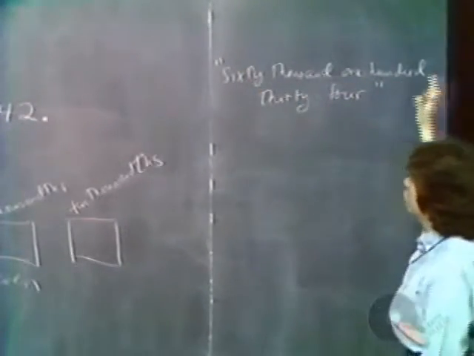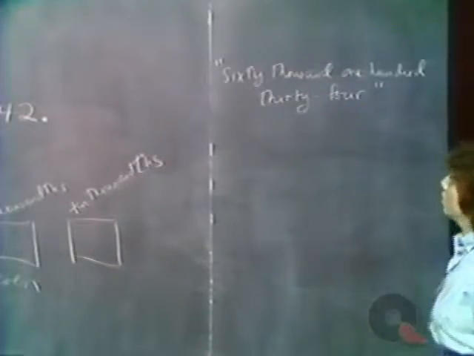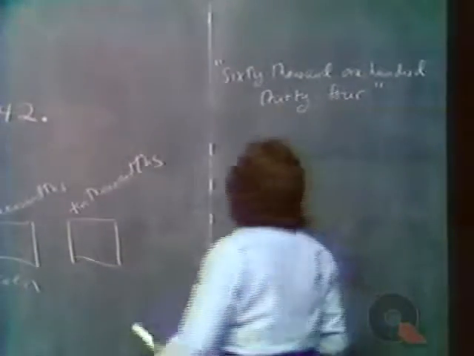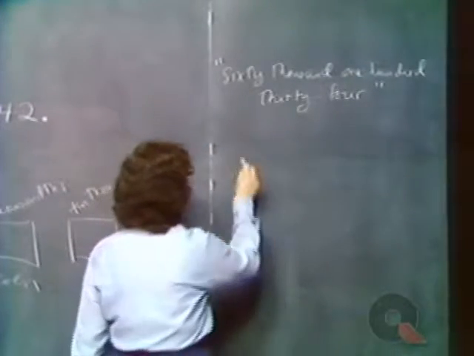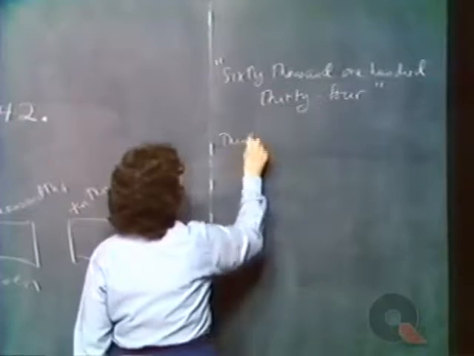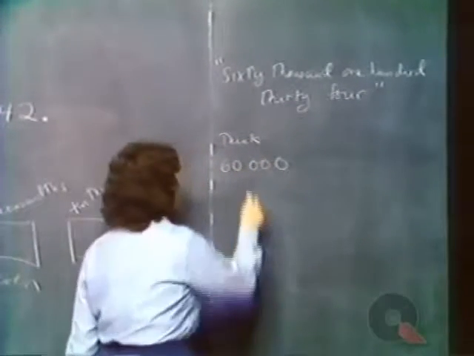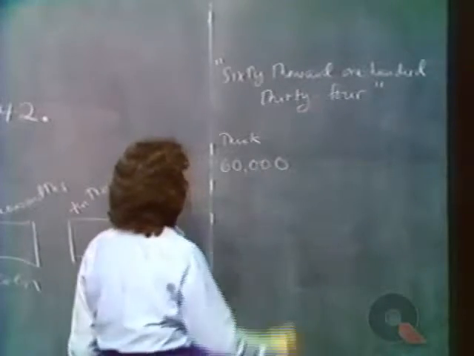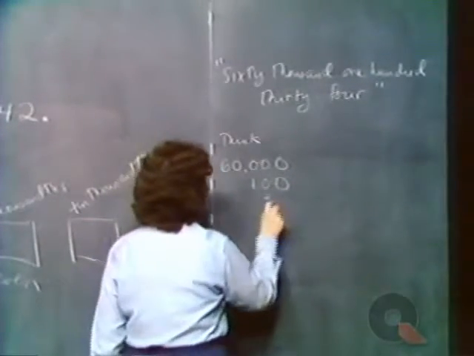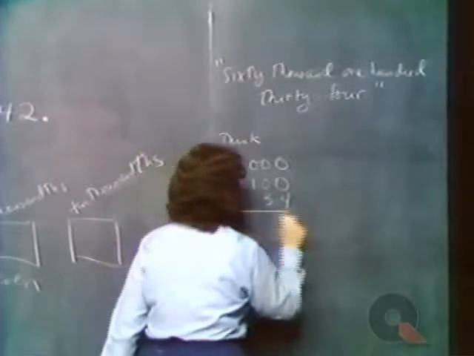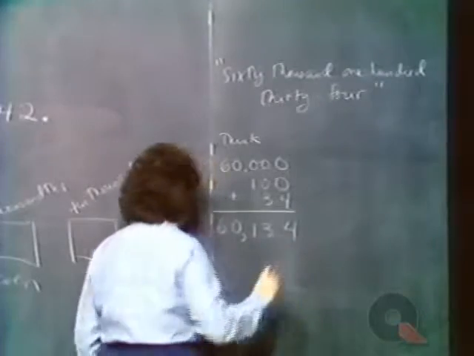Write in numerals, and you'll see this expression, 60,134. Okay? If you know how to write it, fine. If not, think 60,000 plus 100 plus 34. 60,134.